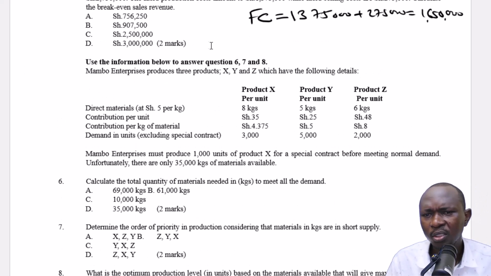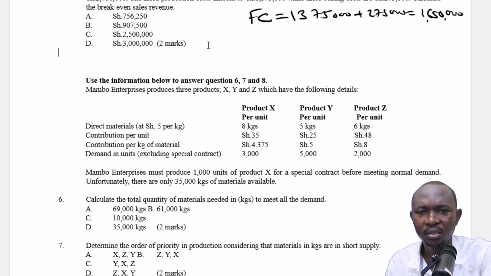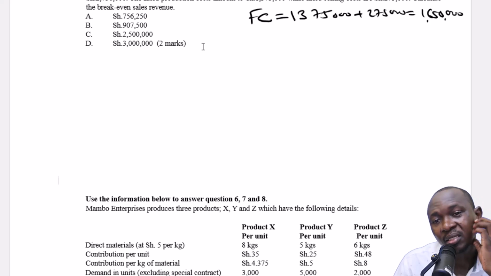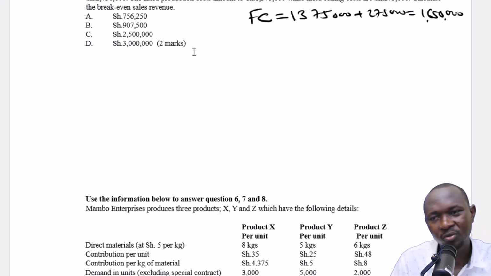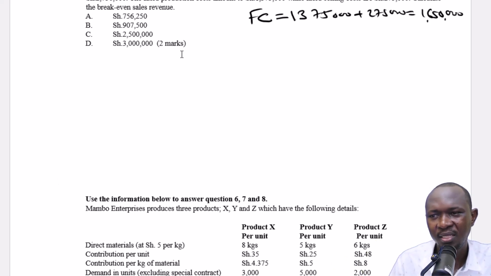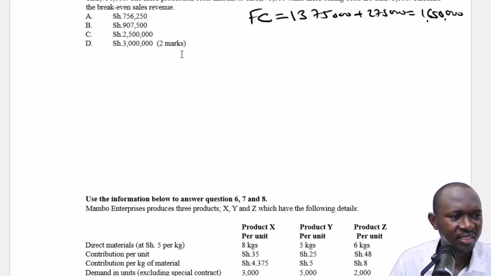So let's go back again to the question and see what it has for us. Kiwanja Limited had established a budgeted sales revenue amounting to 5 million with an associated contribution of 2750. The fixed production cost and fixed selling cost are as given. Calculate the break-even sales revenue.